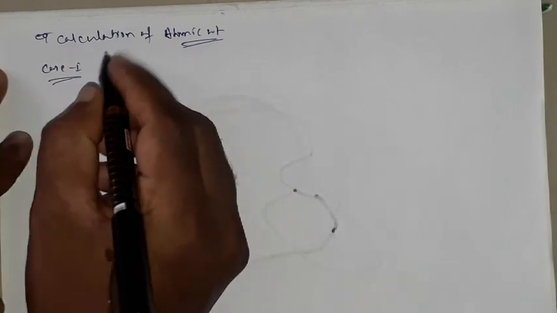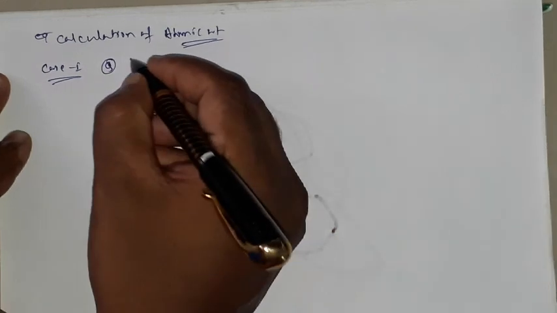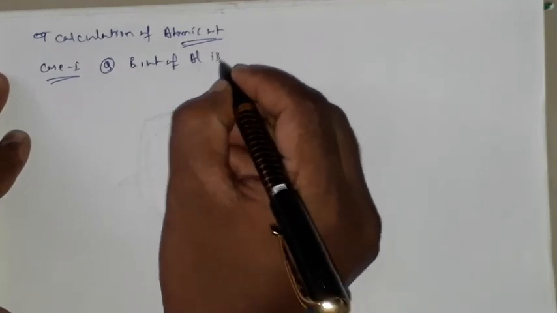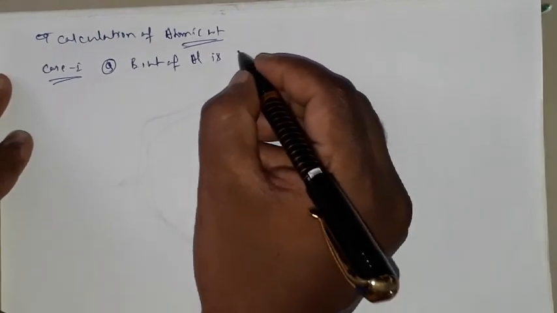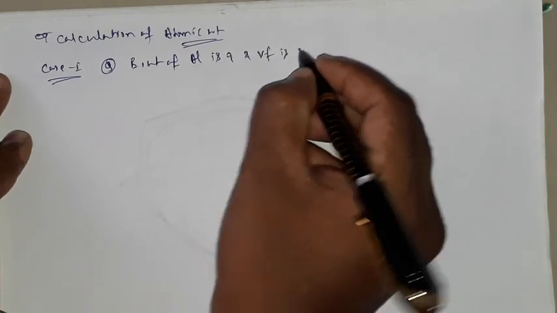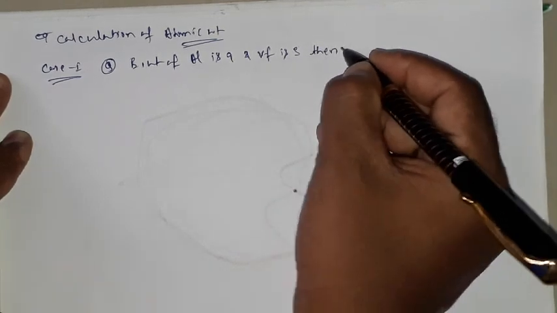Case 1: the equivalent weight of Al is 9 and the valency factor is 3.